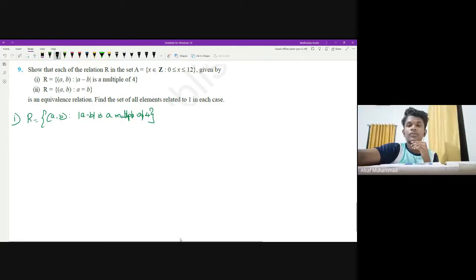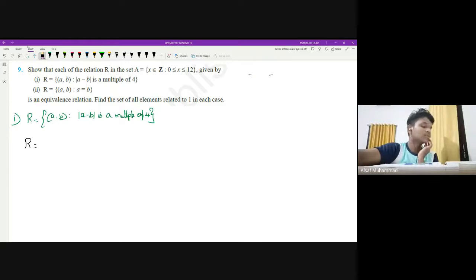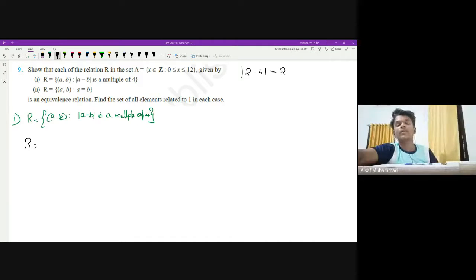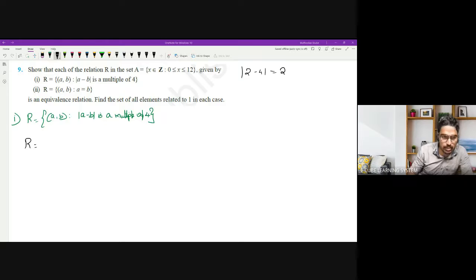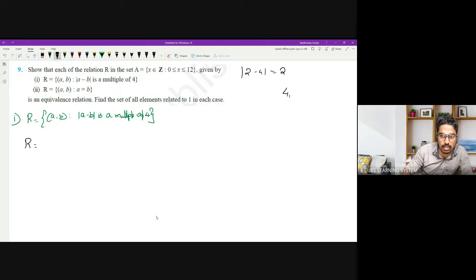1, 4 and 2, 4. 1, 4 means the difference will be 1 minus 4, that is 3. Is 3 a multiple of 4? No. 2, 4 means 2 minus 4, that is 2. Is 2 a multiple of 4? The multiples of 4 are 4, 8, 12, 16, etc., including 0.